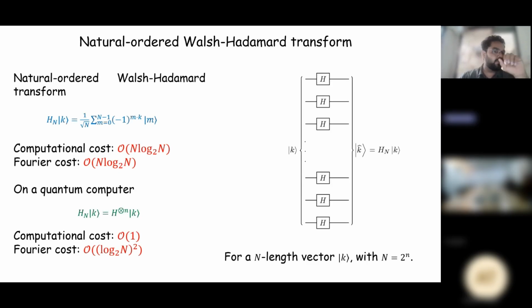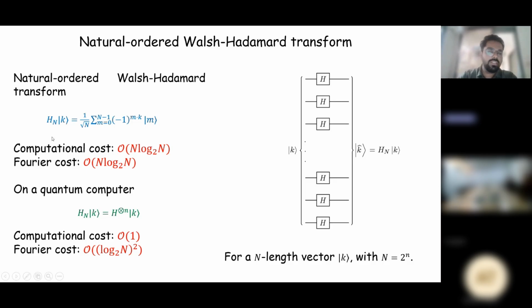So what is this Walsh-Hadamard transform which I am talking about? Given this kind of circuit, which is just a bunch of Hadamard gates, we can see this is some linear transformation. Given a vector k, I will get some output, which is essentially a superposition of all the states if we are initializing in the zero state.